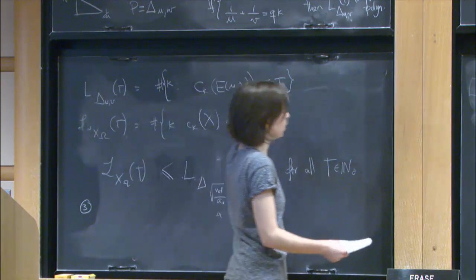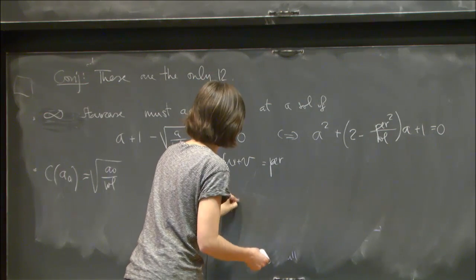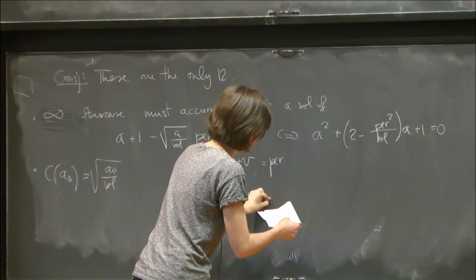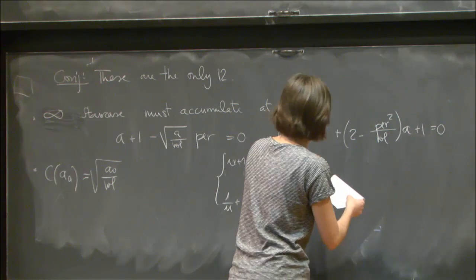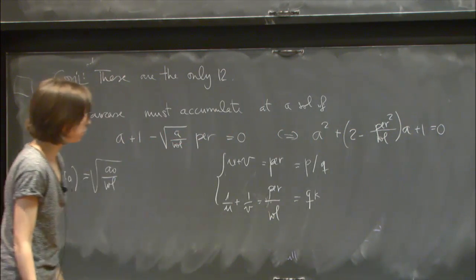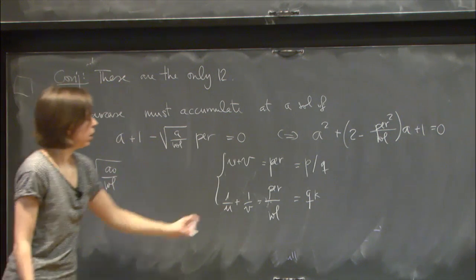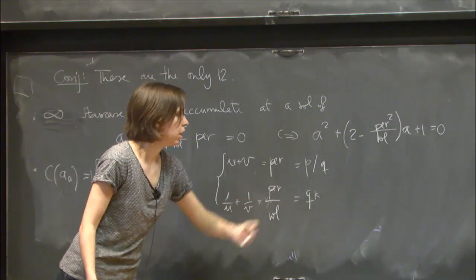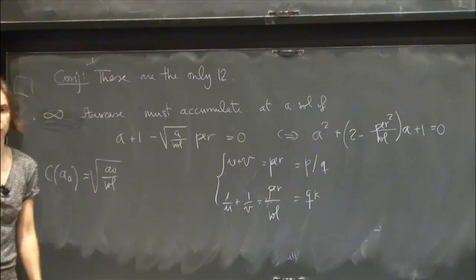Now this equation becomes u plus v equals pair, 1 over u plus 1 over v equals pair over vol, and this has to be of the form p over q, and this has to be of the form q times k. So this omega, whatever it is, its perimeter has to be a fraction, and perimeter over its volume has to be q times k.